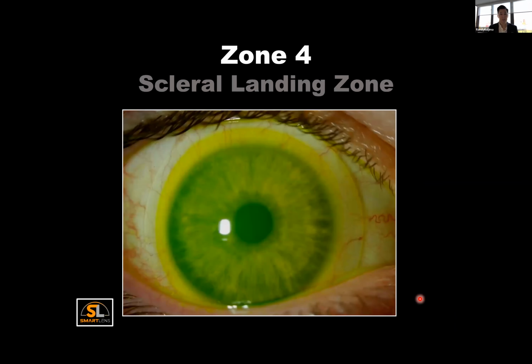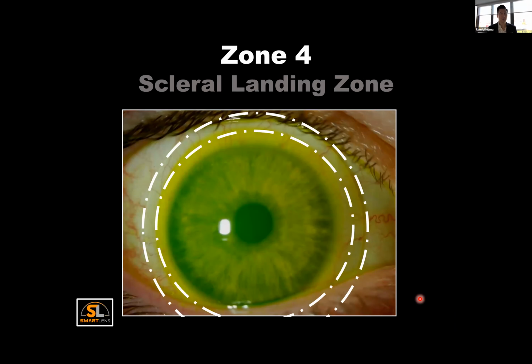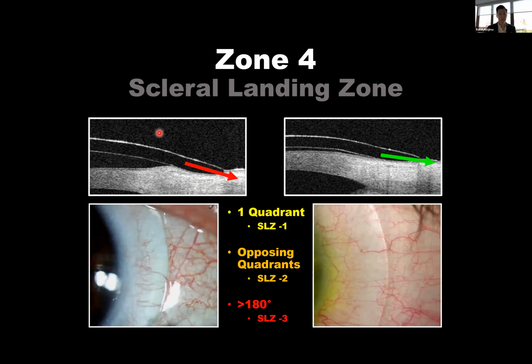So the final zone of the lens is the scleral landing zone, and we want that lens to touch down 360 degrees. We want to see a healthy vessel flow of the large and small capillaries running right through the edge of the lens, telling you it's a healthy landing. So if the lens is angled toward the eye surface, then it's more likely to impinge on the conjunctival surface.